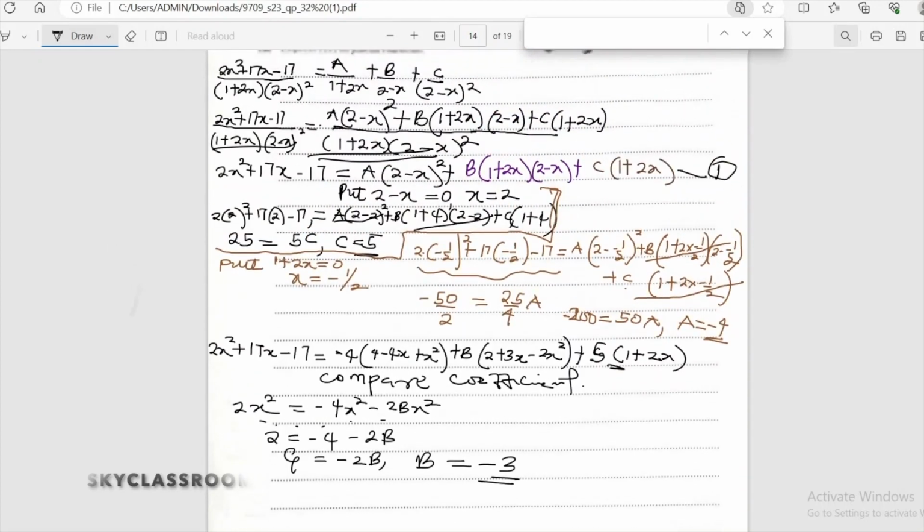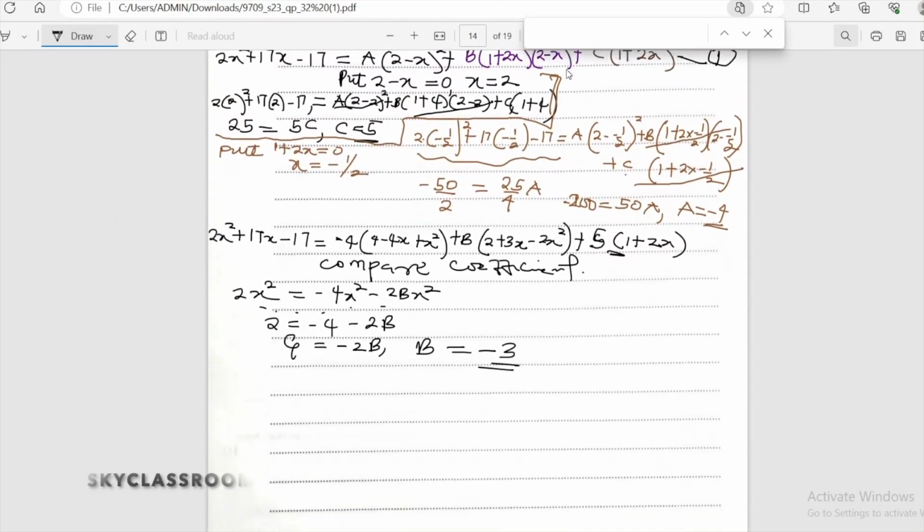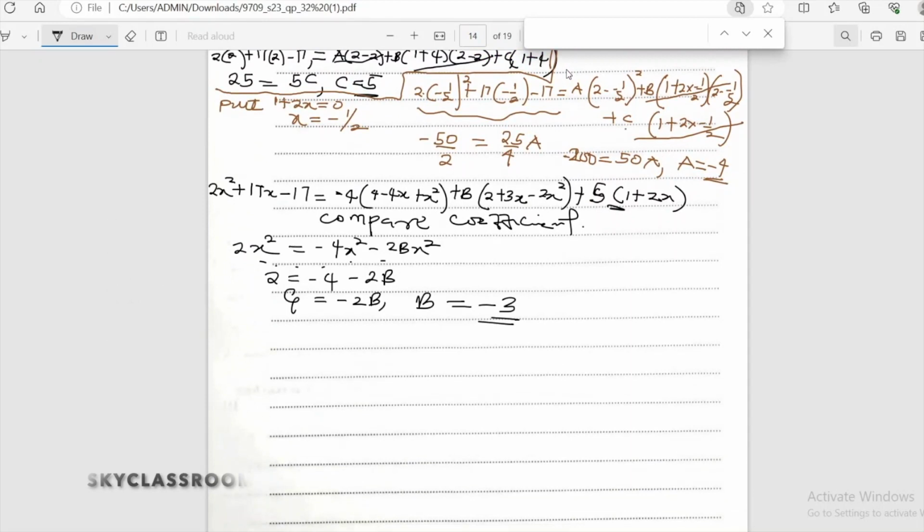So hence the function of x, which is 2x squared plus 17x minus 17 over 1 plus 2x, 2 minus x all squared, can be written as, remember that our A is minus 4, right?